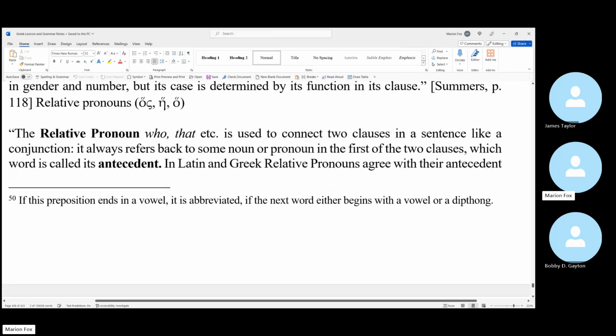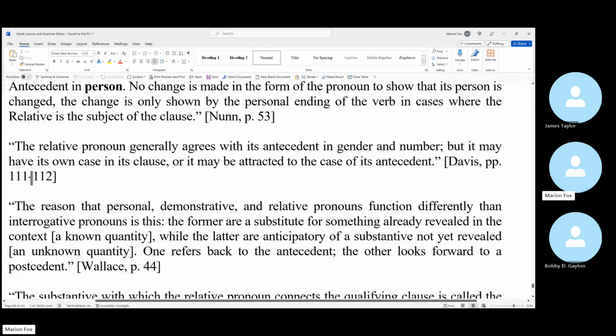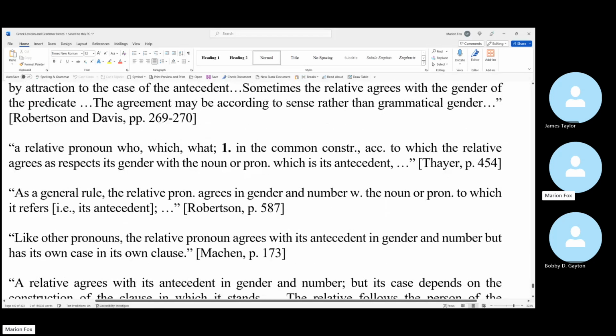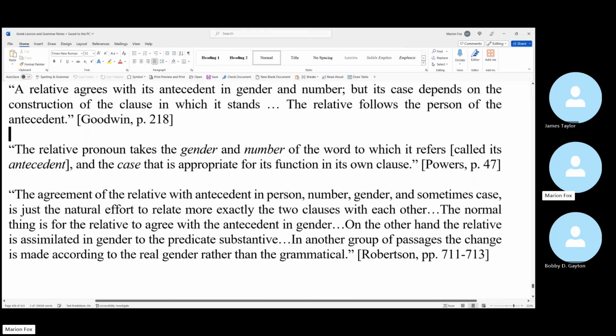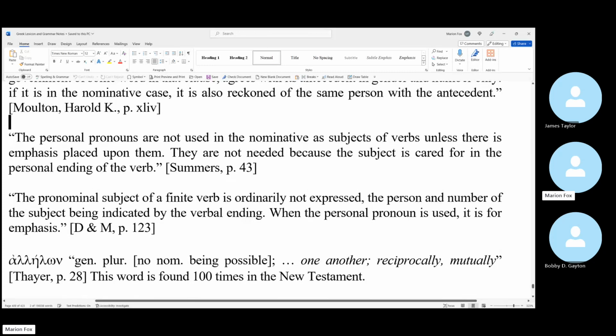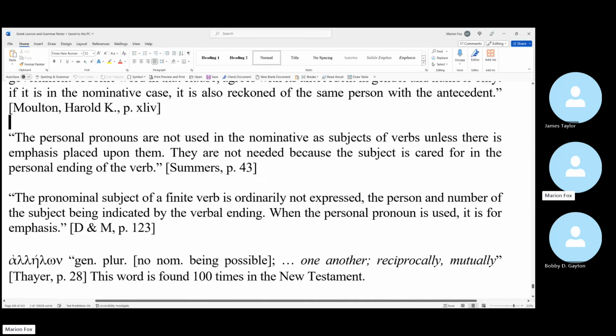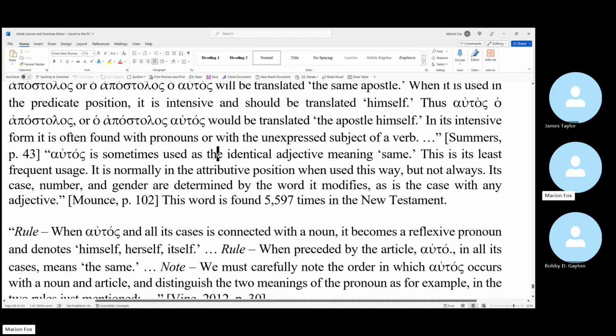But you can find these pronouns down here. As you go down, you can just go down and find them. There is a lot of discussion about relative pronouns, so if you want to get into that, there are several pages of material. These follow in alphabetical order right after it as pronouns.